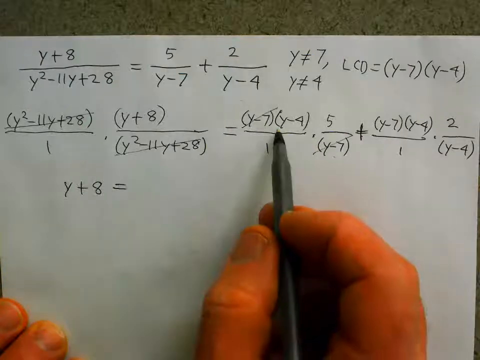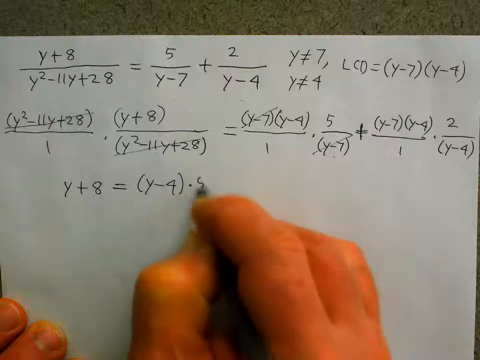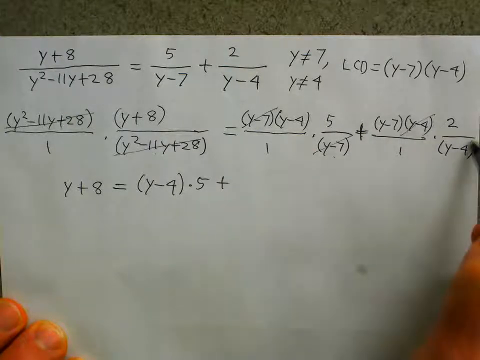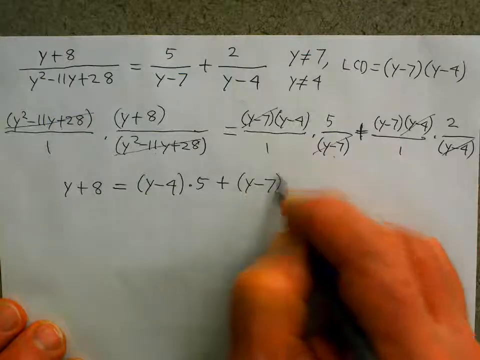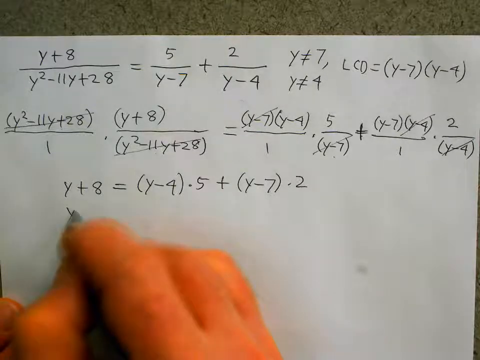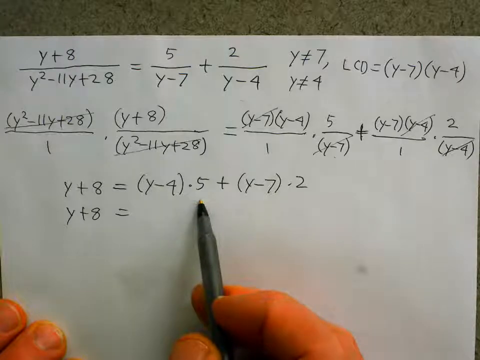We're left with y minus 4 times 5. Then the next product, the y minus 4 factors cancel, and we have plus y minus 7 times 2. So this is a pretty simple equation to solve for y.